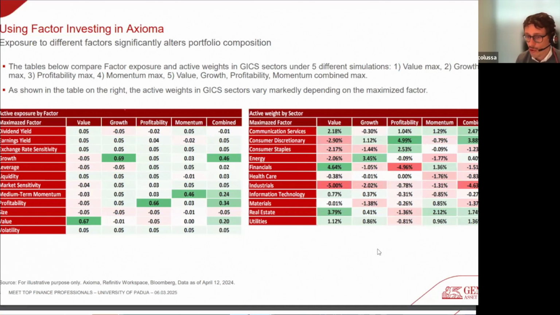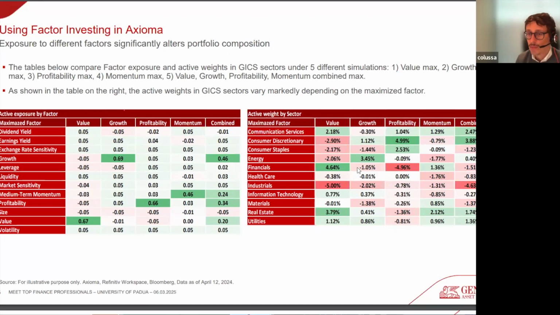So it depends also on the model in Axioma. Profitability, at that moment, was discretionary. This is an experiment done 1 year ago. Of course, these numbers can change in time. Momentum, probably not much of a strong allocation, because it was a period where market conditions were changing.